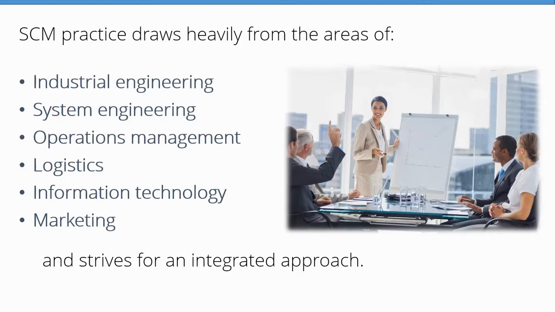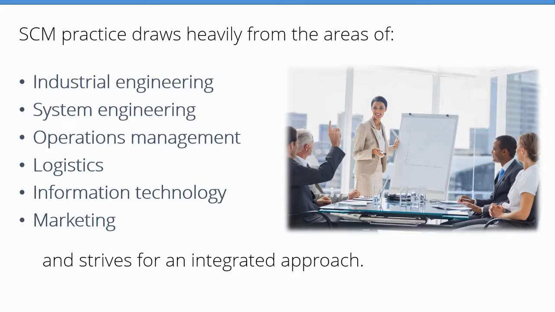So supply chain management is just not the buying and selling of products. It's looking at those elements that will help to increase productivity, efficiency, timeliness, reduce the cost of rework. So those are the things that also are important to supply chain management.